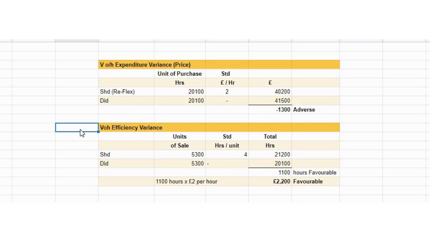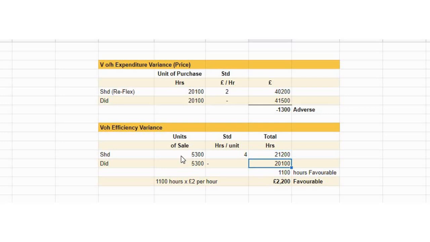The second sub-variance is called the variable overhead efficiency variance, which is very similar to the labour variance. Again, this time it's worked out on units of sale. There were 5,300 units produced, and the standard hours per unit were 4, and therefore the 5,300 units according to the standard cost card should have taken 21,200 hours. And actually what did it take?